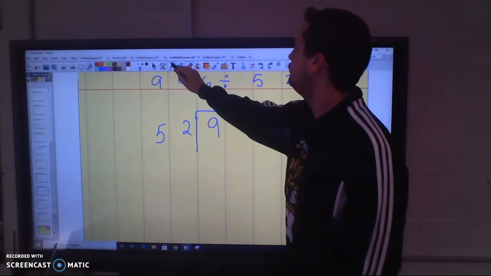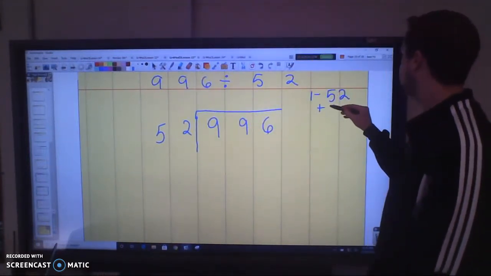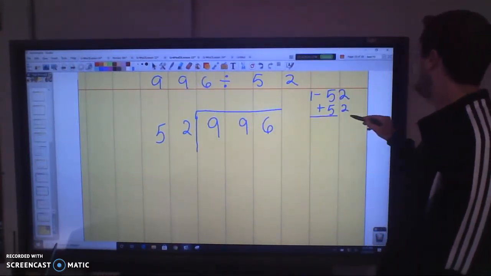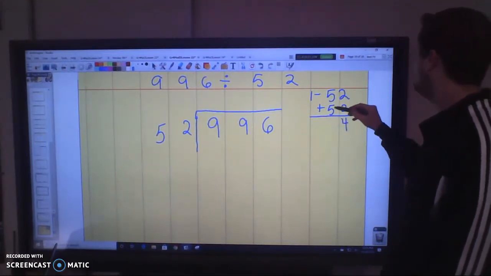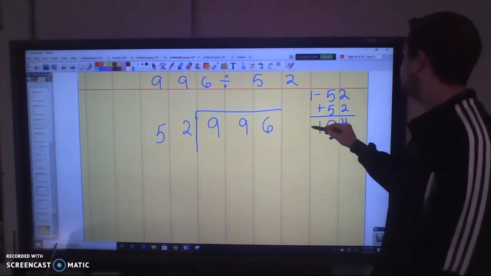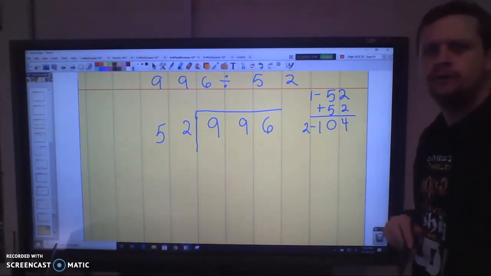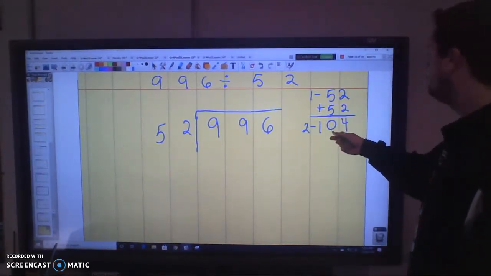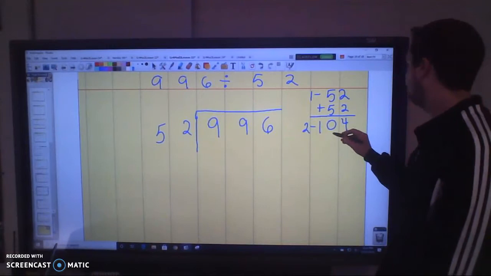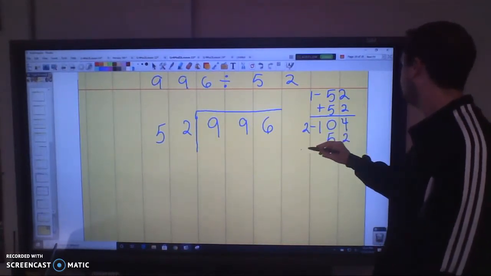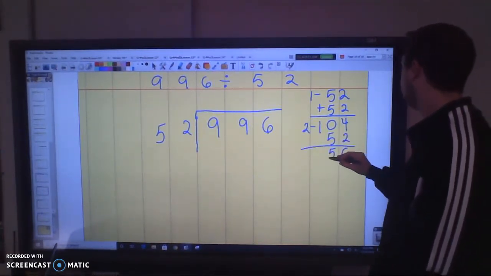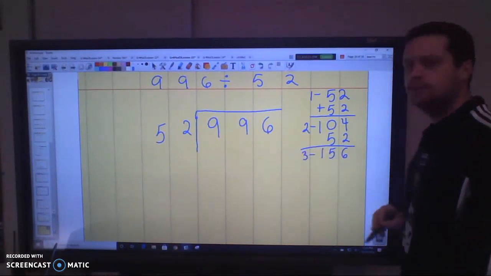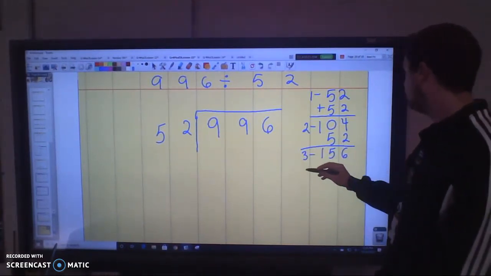So we're going to do 52 plus 52. 2 plus 2 is 4. 5 plus 5 is 10. So that's our second multiple. First multiple is 52. Second one's 104. So I'm going to add 52 again. Third multiple is 156.